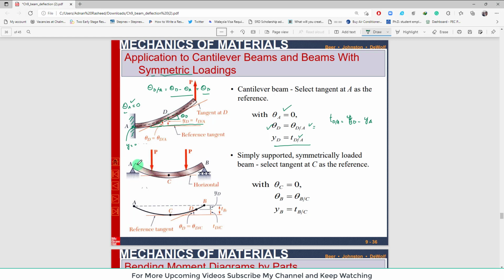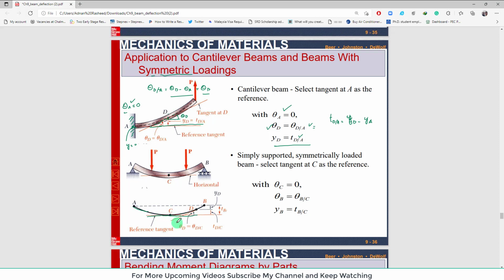If you draw the deflection curve, it will be like this, and maximum deflection will be at point C. Now if you draw a tangent to this point C, theta C will be equal to 0 because this tangent line is a horizontal line. So you can easily take point C as a reference point because theta C is equal to 0.